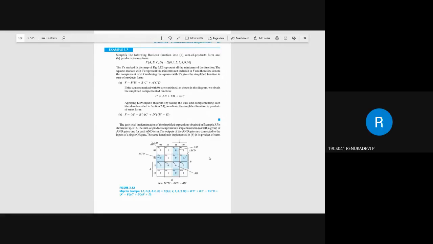Yes, ma'am. So we can group the zeros together and we can write the expression easily in product of sum form. Okay. So we'll see how that could be done.